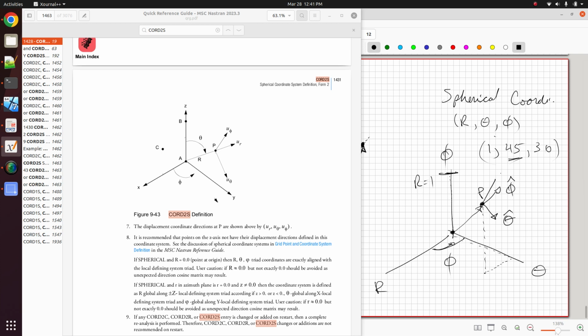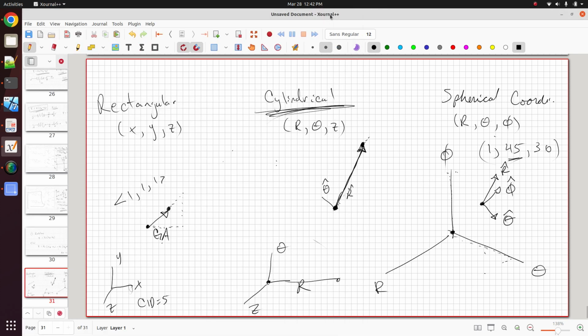So it's going to look something like this, r hat. So this is what the unit vectors look like at that point. I know it's very complicated, but we have to have this discussion if we're going to have success with spherical coordinates. So once you have this, this becomes your x-axis. So this is 1, 45, and 30.